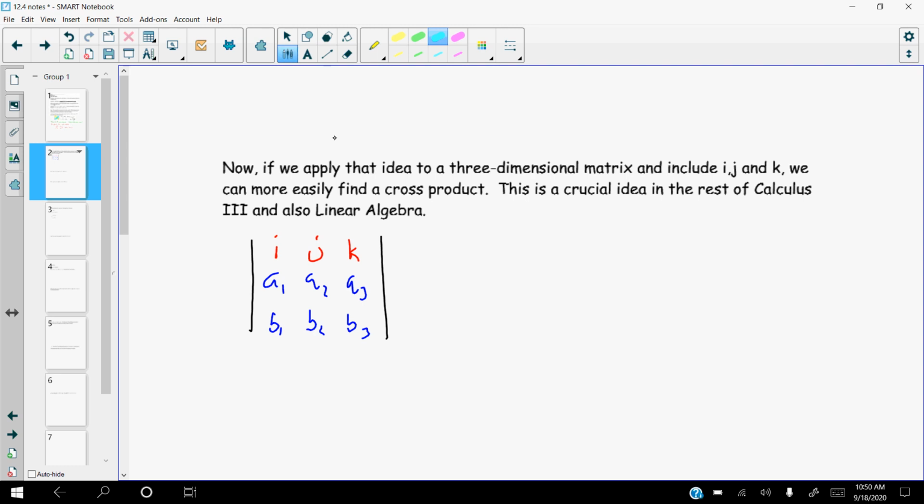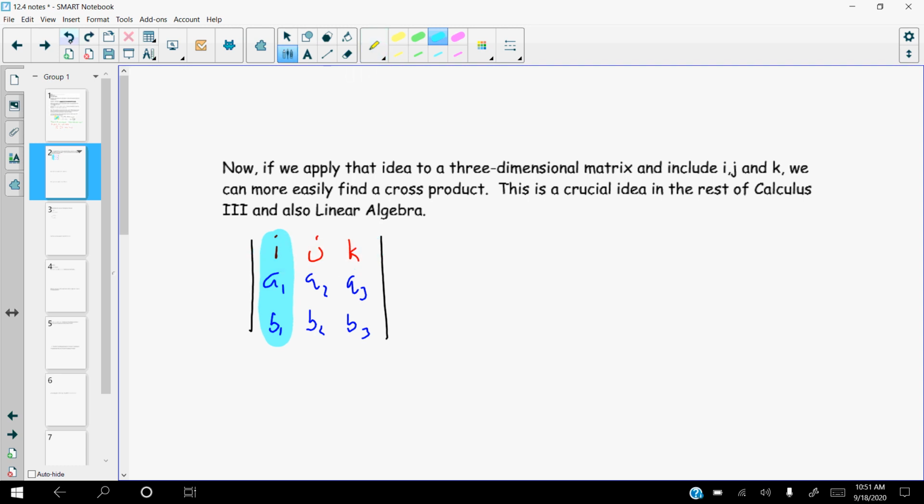So I need to create a co-matrix which is multiplied by I. Remember, I is just the unit vector in the direction of X. We're going to use I as the first cofactor. So I look at the I, and I eliminate the I row and the I column. What that leaves us with is A2, A3, B2, and B3.